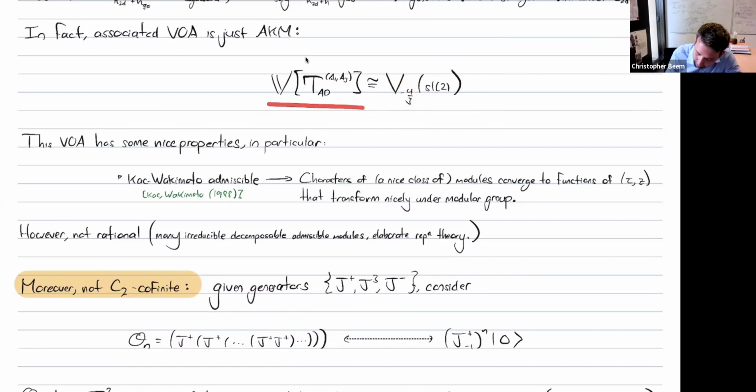So the vertex algebra that we're getting is exactly this level -4/3 SL2 affine Kac-Moody. And as I mentioned before, this is an interesting, nice level based on work that has been done in the Lie theory world, which is that this level is a Kac-Wakimoto admissible level.